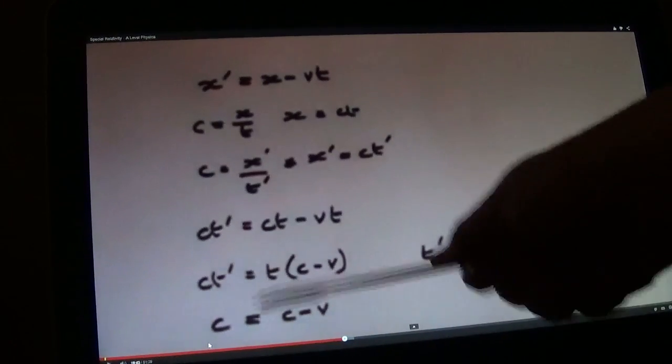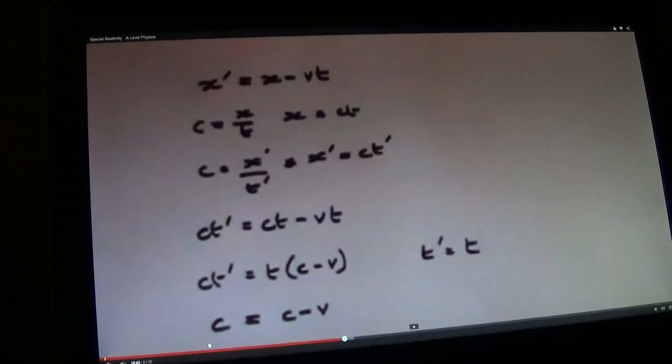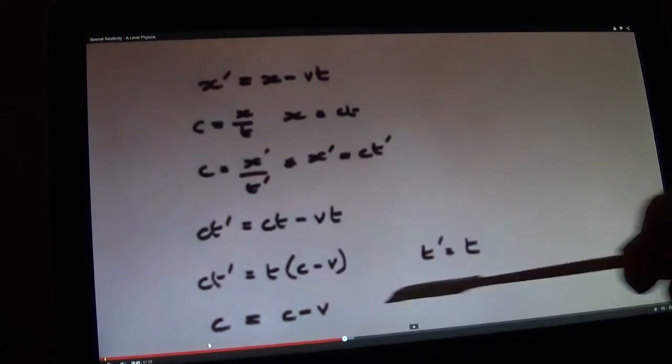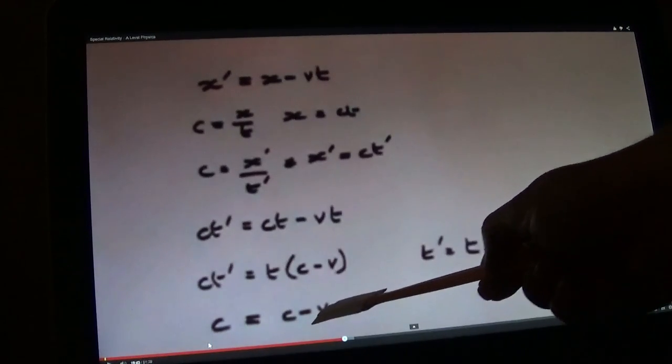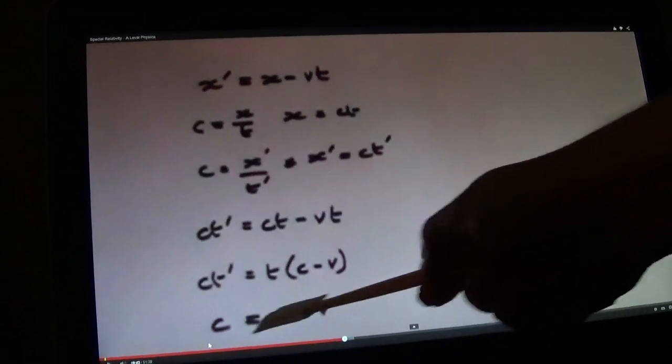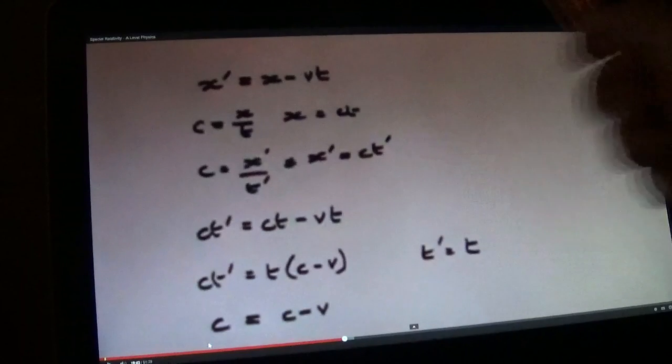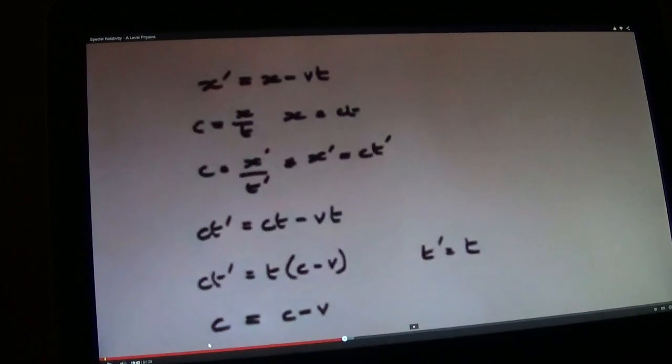So that is the consequence of that. But he's going to say, oh no, v is non-zero, so therefore that equation does not make sense. And so he's going to have to do some mathematical manipulation to get away from that.